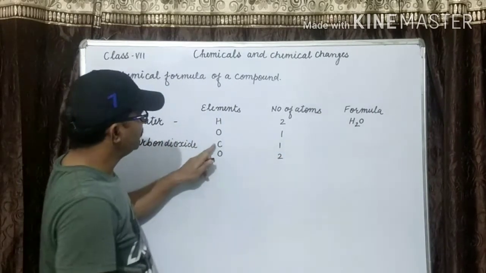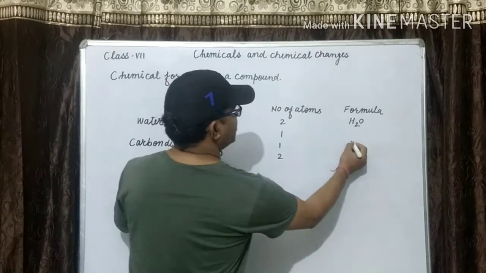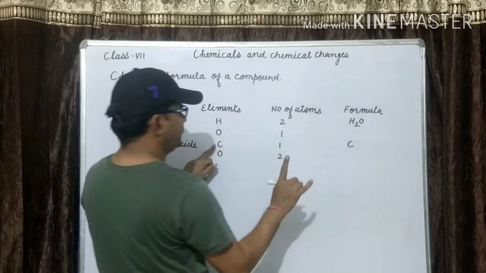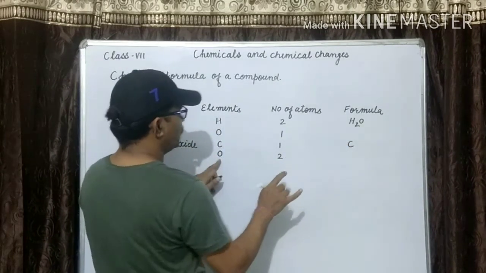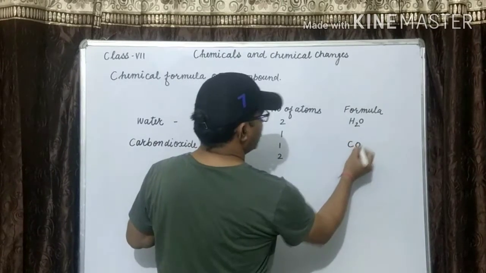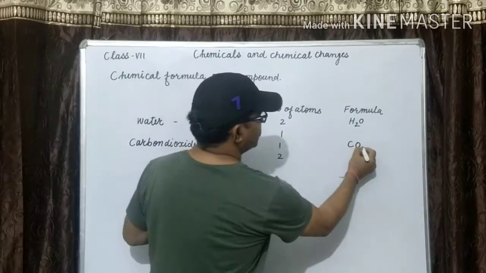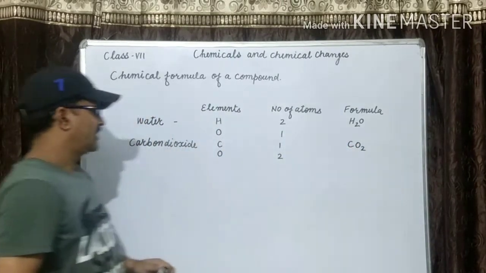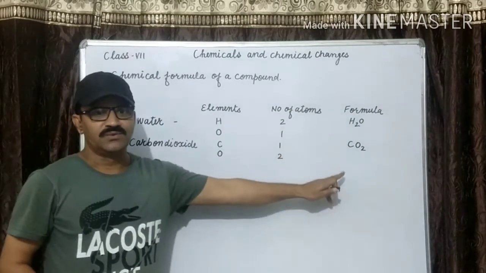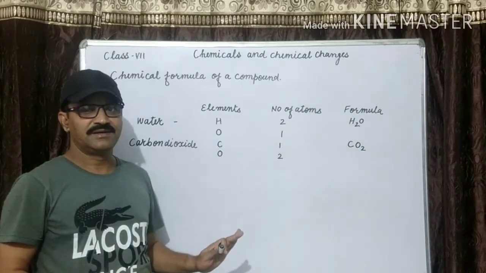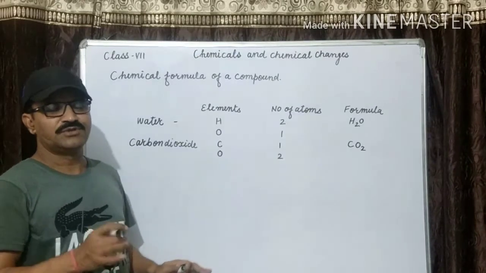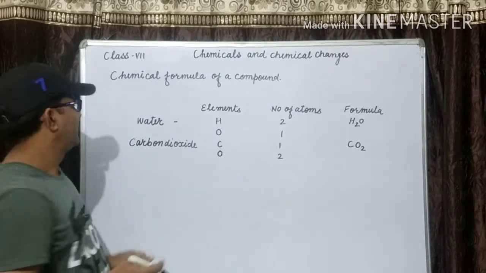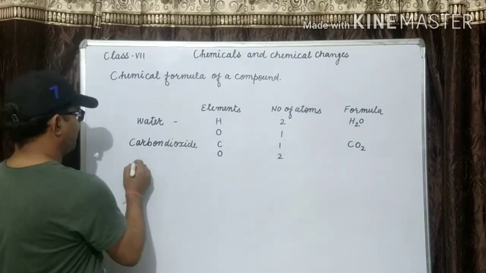So what is the formula? We write C, there is no need to write 1, and O. How many atoms? 2. So what is the formula of carbon dioxide? CO2. Clear? Yes, we should take another example. Okay, sulfuric acid.